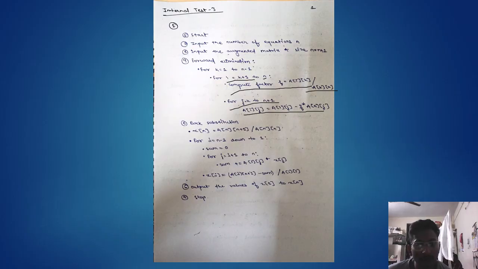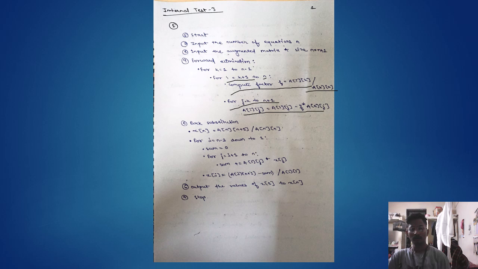Then back substitution, we are doing the back substitution here. x[n] is equal to a[n][n+1] divided by a[n][n], and then we apply another loop from n minus 1 down to 1, and initialize sum equal to 0.